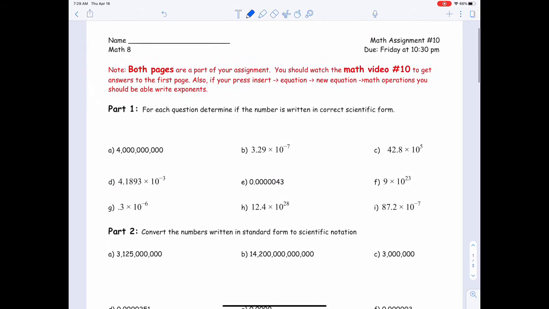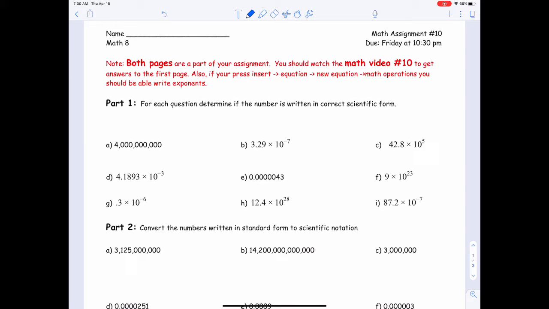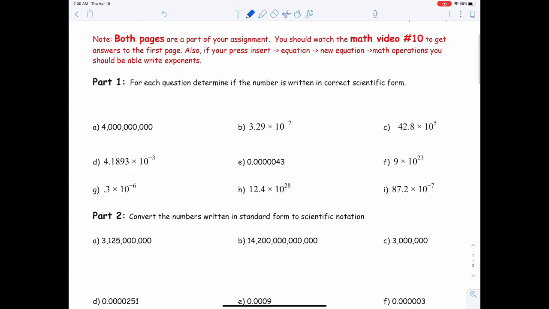Alright, so let's look here. For each question, determine if the number is written in correct scientific notation form. Well, to answer these questions, we should probably know the form. And what that's going to be is a number 1 through 10 times 10 to some power.